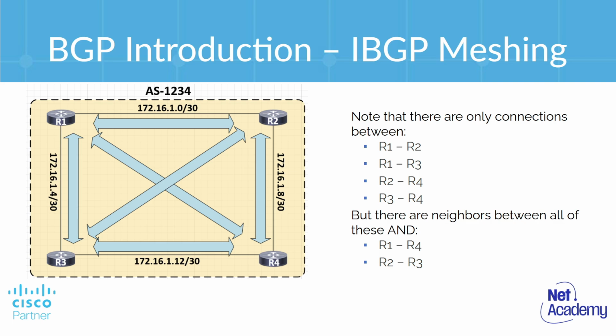Well, IBGP is meant to run on top of an IGP. So let's say we have OSPF under the hood. I will take all these 172.16 routes, for example, and put them into OSPF. And then what I will end up with is I can put in a neighbor statement from R1 to R4 using the reachability information from the OSPF table.